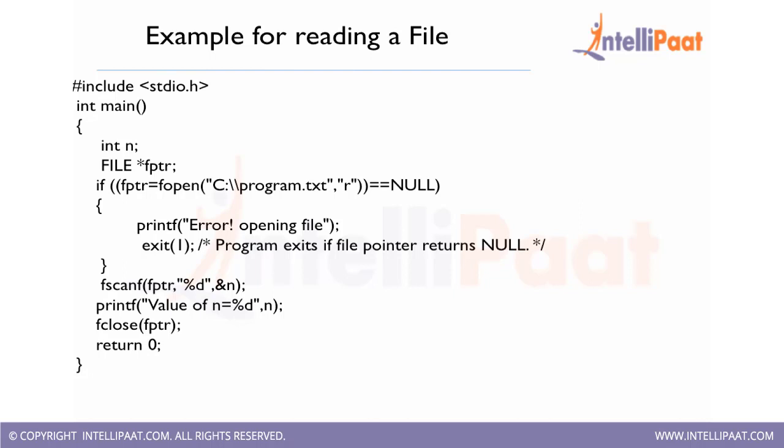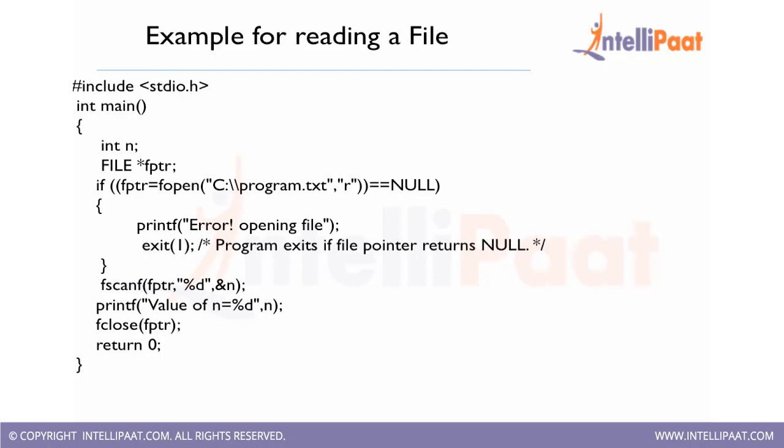This is one more example of reading from a file. We are declaring a file pointer equal to fopen. This is the absolute path of the file, in read mode. If the file pointer is null, that means we are having some error.